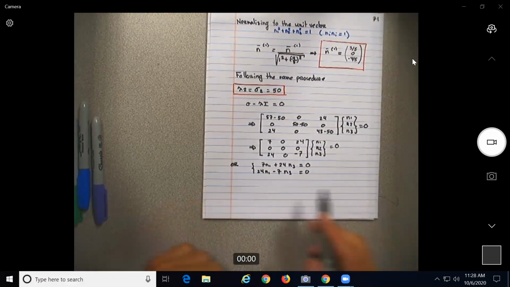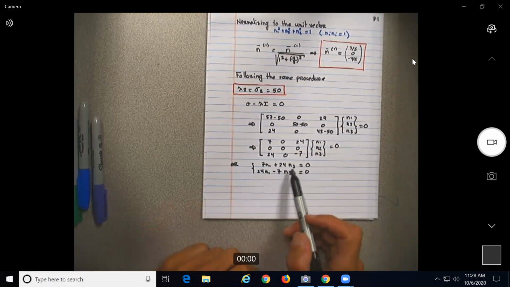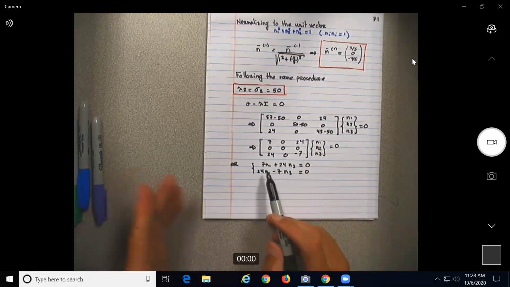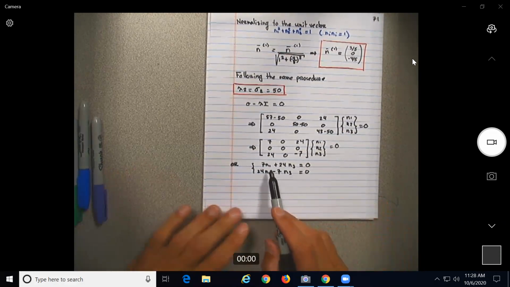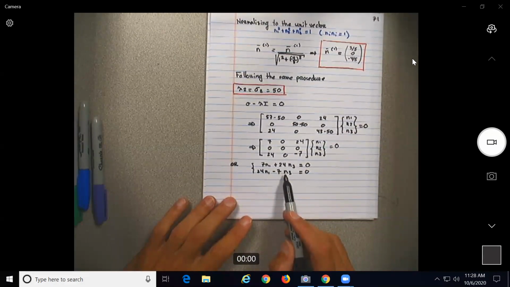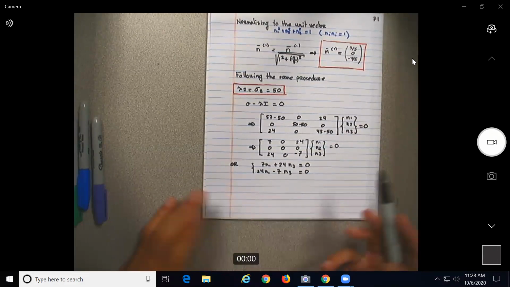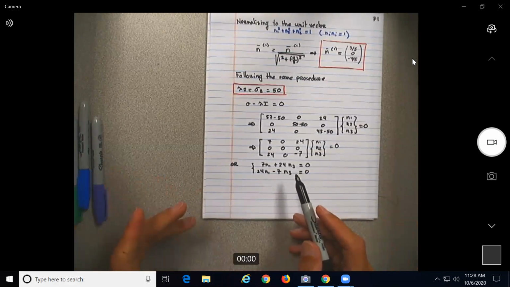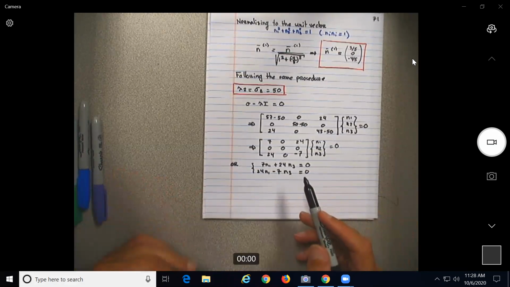Okay, so is there any way to satisfy the above system? No. If you want to substitute, you can say n1 would be equal to what? 24 over 7 n3. You substitute over here, you're not going to get an answer, it would not be equal to 0. So basically the only solution to that system is if n1 and n3 are 0.